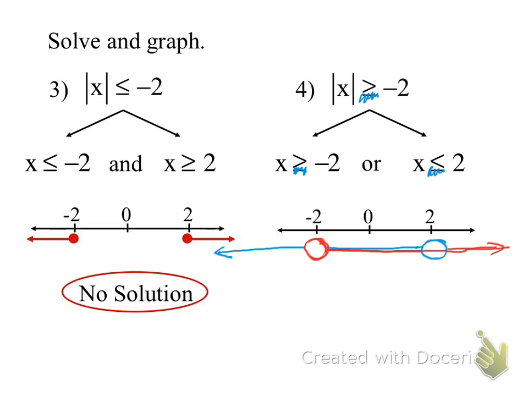And then with the blue one, I'm going all the way through it. Does that make sense? And we would make a statement like x is such that x is all real numbers. Yes or no?